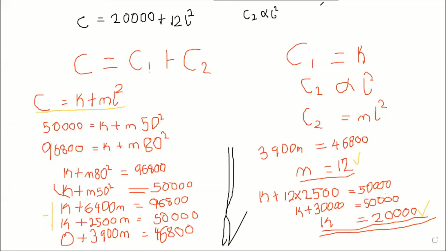And I chose my constant as M. You can use any letter you want, B, X, but I chose M. So C2 varying as L squared is the same as saying C2 is equal to my constant, which is M L squared. That's where the M came from.